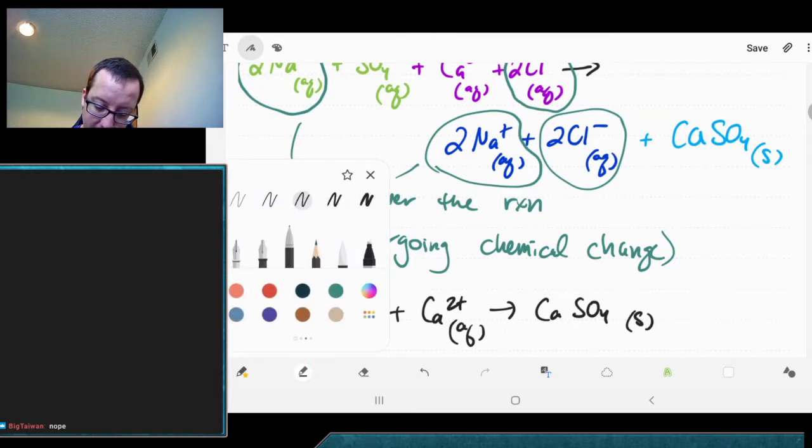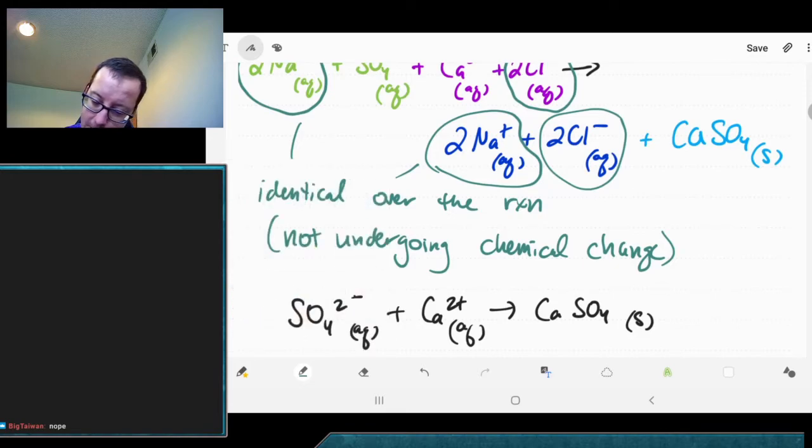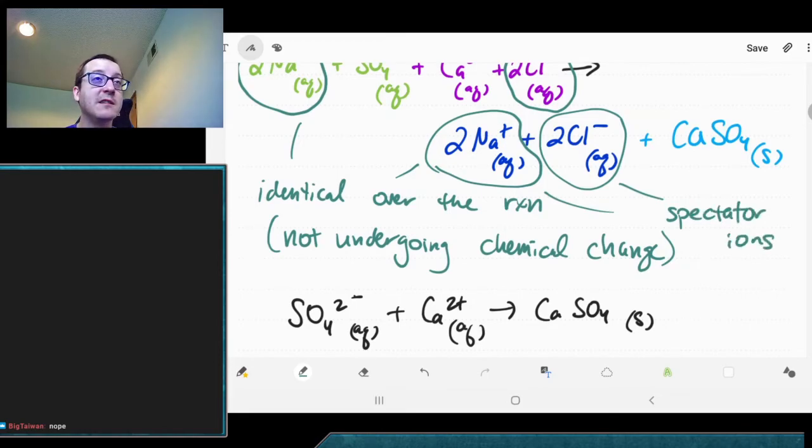We call these things spectator ions. They aren't participating in the reaction. They're just kind of floating around there. They're helping to charge balance things. That's all they're doing. But they're not actually doing any chemistry.